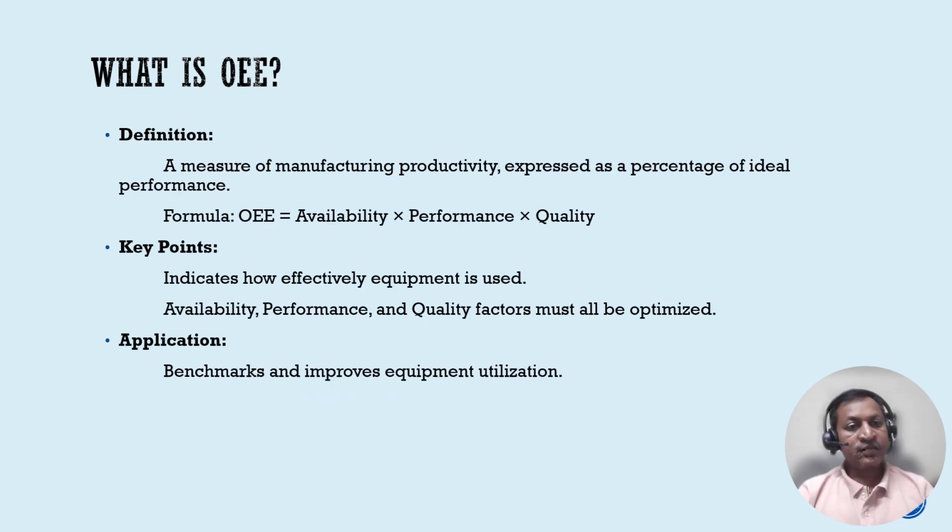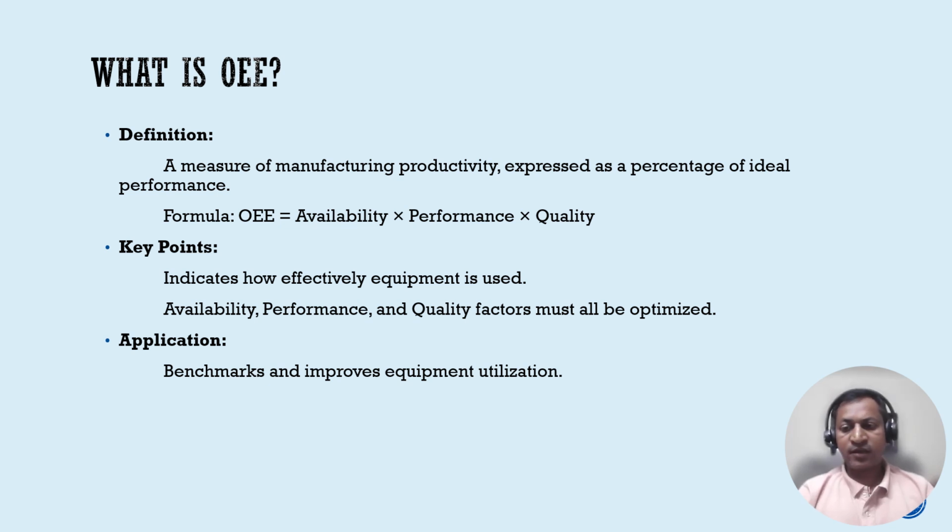Next slide. What is OEE? Well, the definition is that it is a measure of manufacturing productivity expressed as a percentage of ideal performance. The formula of OEE is availability multiplied by performance multiplied by quality.